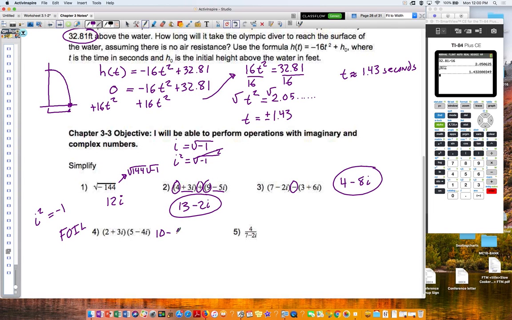Multiply the outside, minus 8i. Multiply the insides, 15i. Plus, and then minus 12i squared. So when I go to simplify this, this negative 12i squared becomes a positive 12. 12 and 10 make 22. Negative 8 and 15 make 7i.